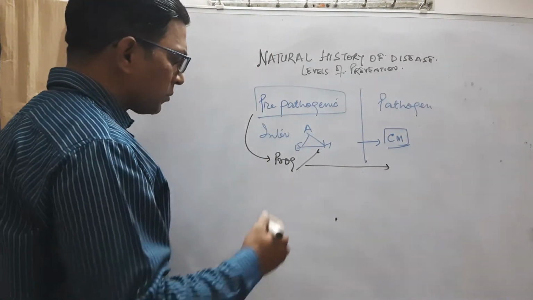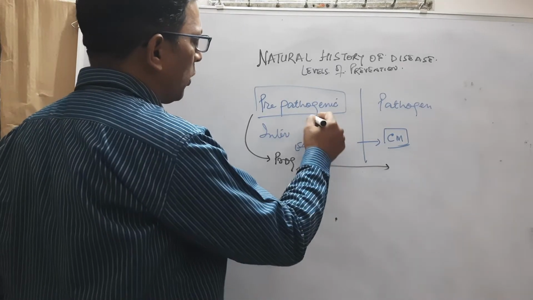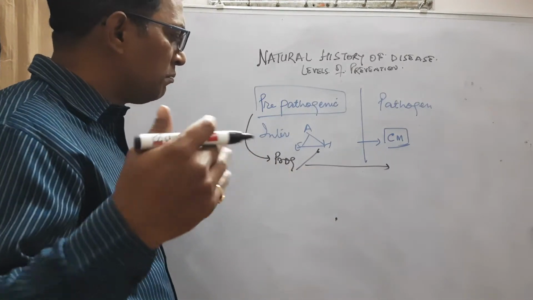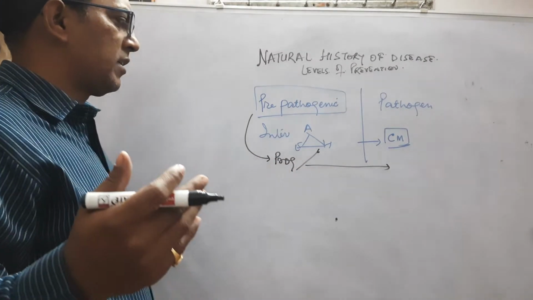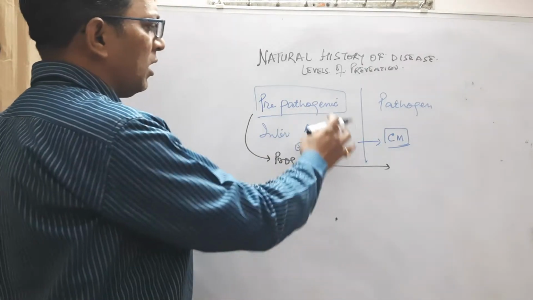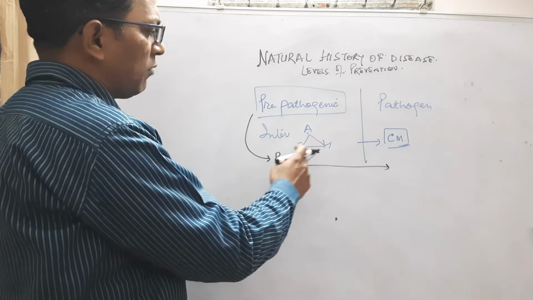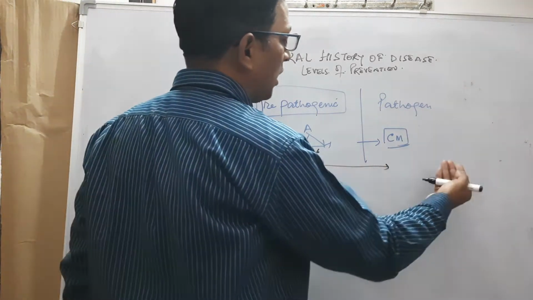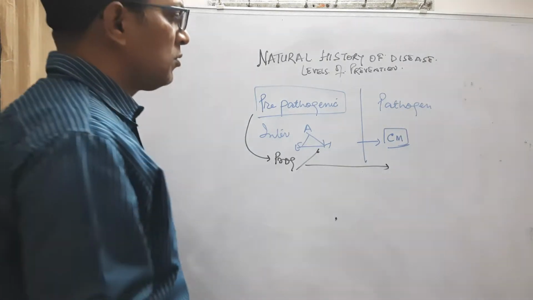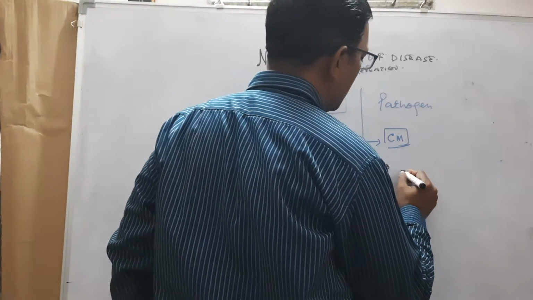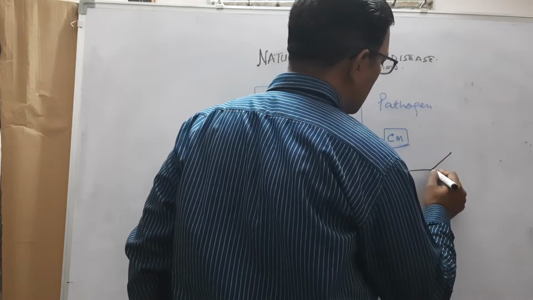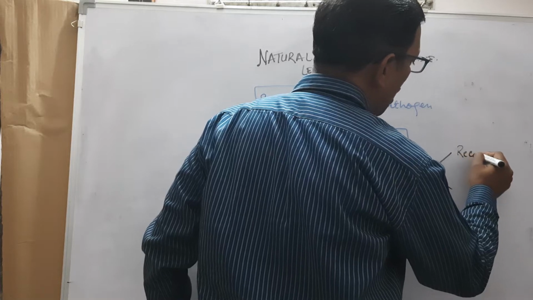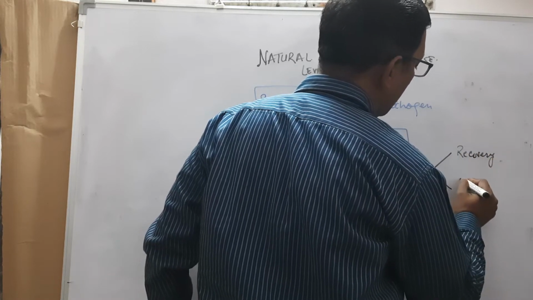For example, if I take the example of measles, or for that matter coronavirus, the pre-pathogenic phase is over when agent, environment, and host have interacted, and there has been a clinical manifestation. So what happens in the clinical manifestation? Two things happen. In cases of acute diseases like coronavirus, either the patient recovers or finds death.